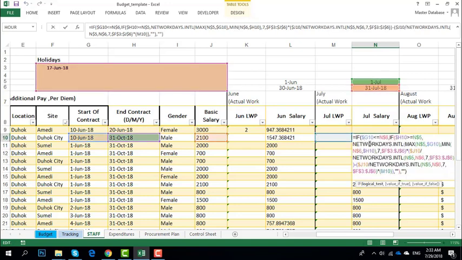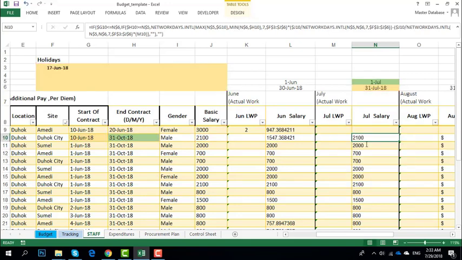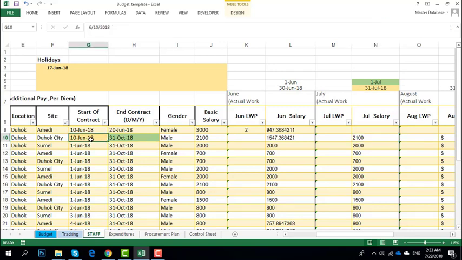For the second one, no, let's just focus on the orange one. Now, which is greater? It's the 10th of June or 31st of, okay, for sure it's this one. This one is greater than this. This is the condition, okay?